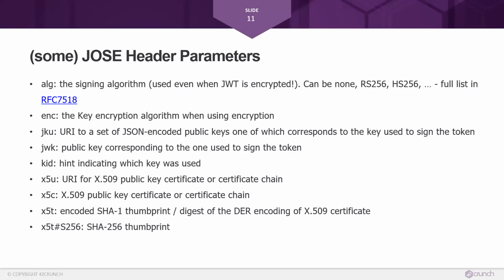You can have a JWK where the key will be provided just as is. You can find a key ID, which will be just a logical ID that will help you retrieve the key that was used to encrypt or sign the JWT. You can have an X5U, X5C, X5T, X5T hash S256.